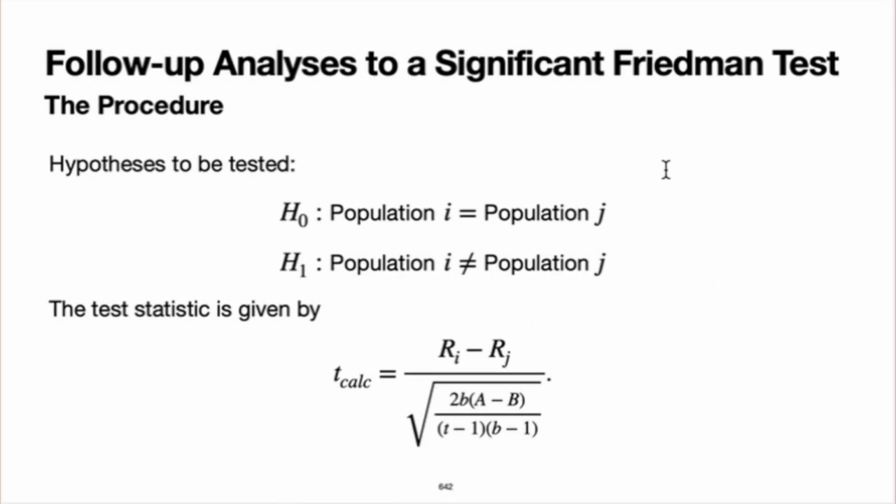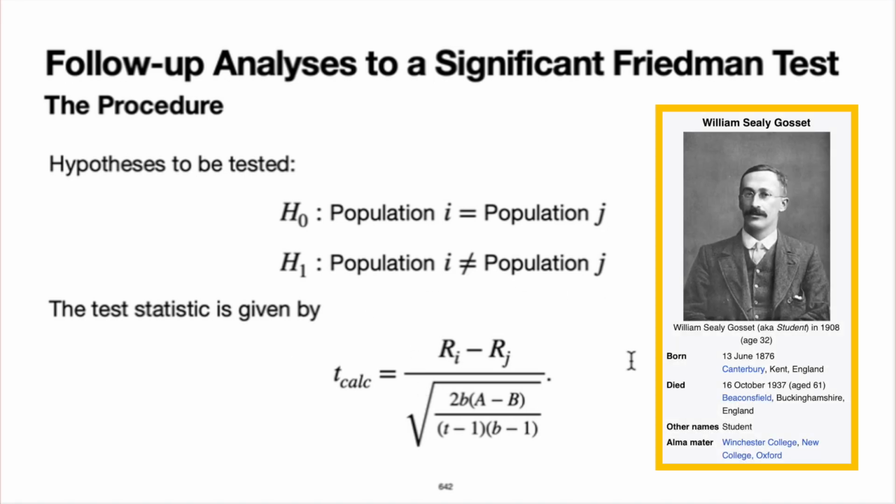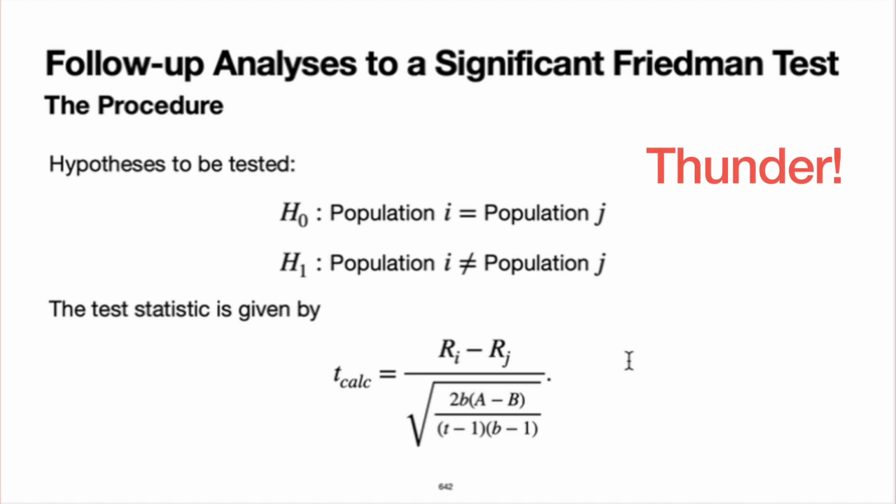All right, so let's look at this procedure for making pairwise comparisons. So again, we've got the hypotheses that we'll be testing for each pairwise comparison. And the test statistic is given by this expression here at the bottom of the slide. We're going to call this t-calc because, you guessed it, when we look up the critical point, that critical point is going to come from a t-table.